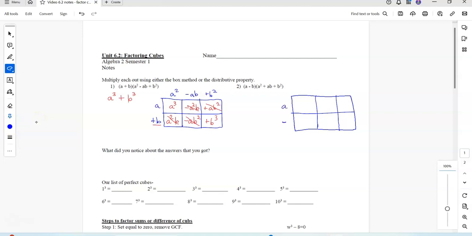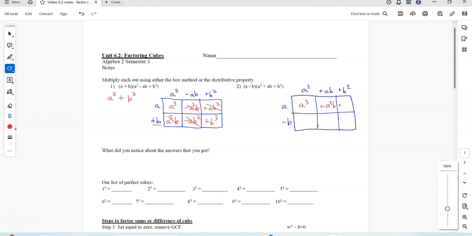So we have a minus b, and we have a squared plus ab plus b squared. All right, so just as we did before, we're going to multiply. A times a squared gives me a cubed. A times ab is a squared b.